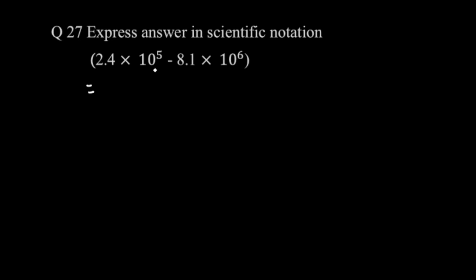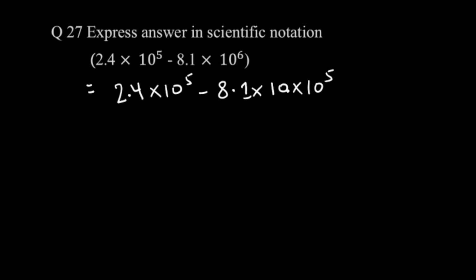Always try to make same power. 2.4 multiply 10 to the power 5 minus 8.1 multiply 10 multiply 10 to the power 5, that is 81 multiply 10 to the power 5. Now we have same power.